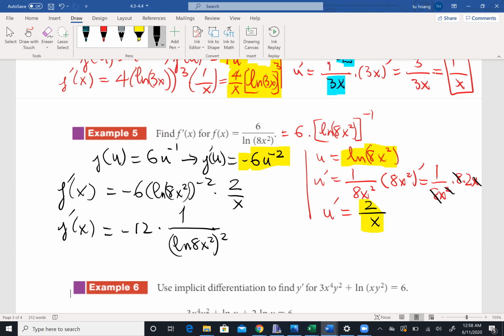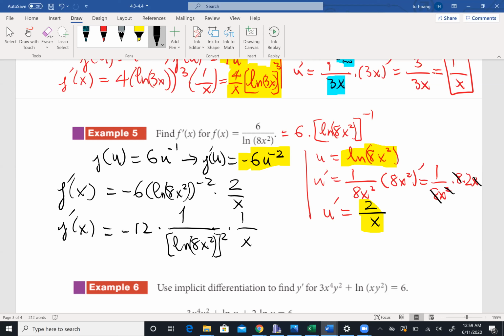Okay, so maybe I need to have parentheses here and here, and then multiplied by 1 over x.